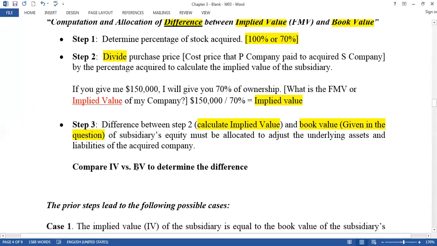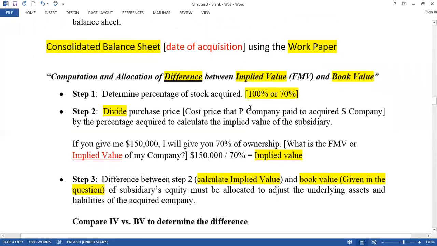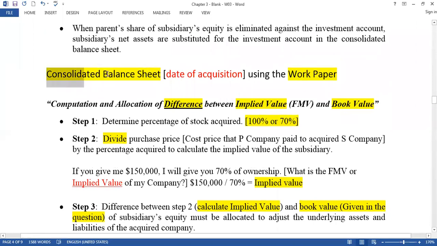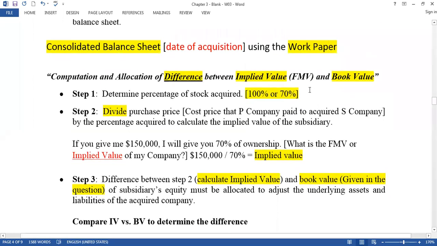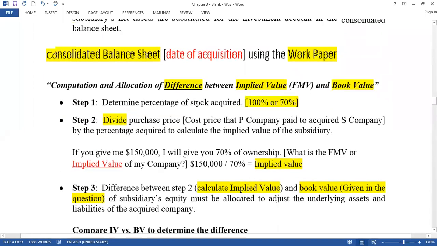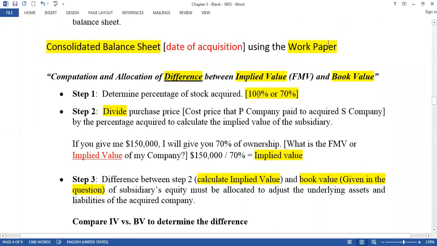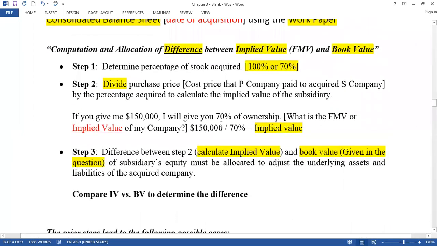So this is step 3. I repeat again, we are going to solve the consolidated balance sheet at the date of acquisition using the working paper. From the very beginning, we have to see whether there is any difference between implied value and the book value of the company. If there is any difference, we have to allocate this difference.